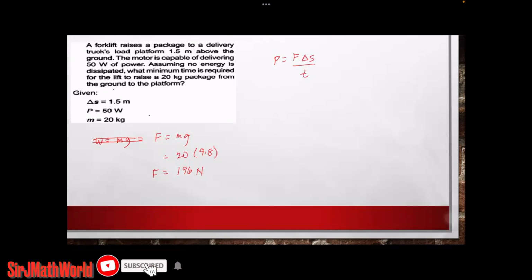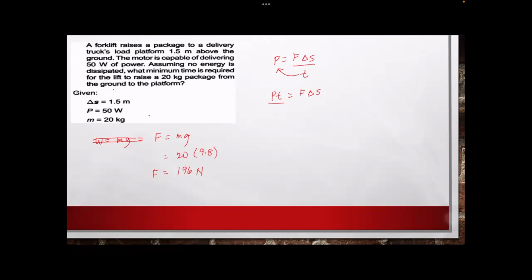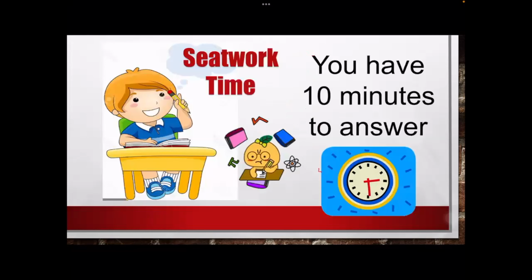So, ang hinahanap natin is the time. Multiply natin, so P times T is equal to F delta S. Divide both sides by P, and P cancels out. So your T is equal to F delta S over P. This will be equal to the F natin, 196, times the delta S natin, 1.5, over the power, 50 watt.